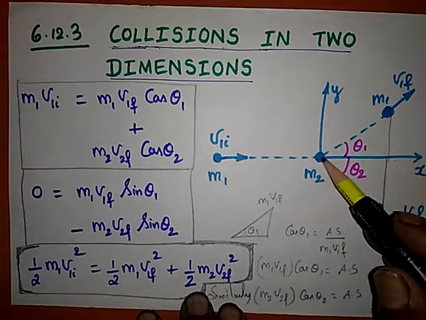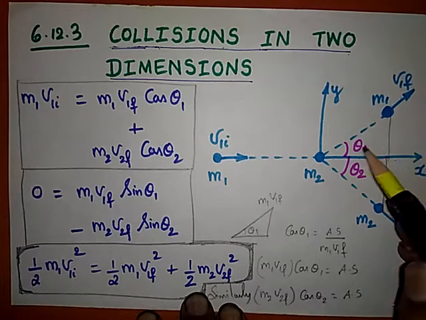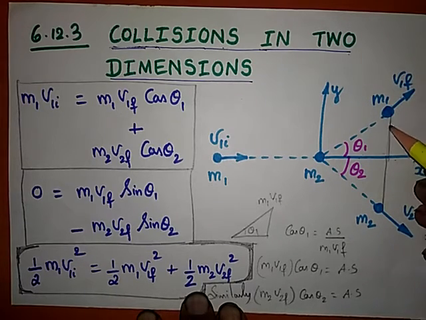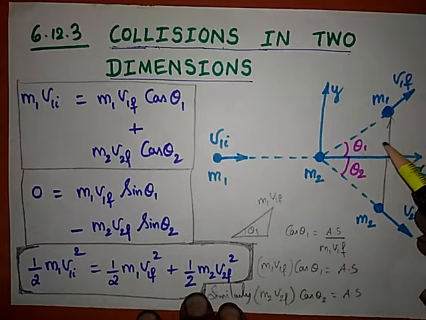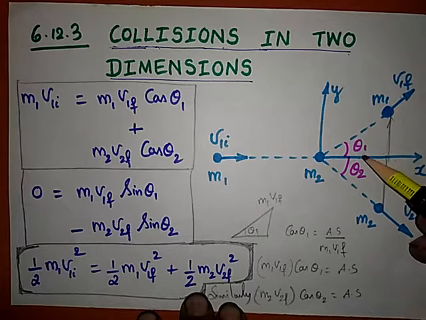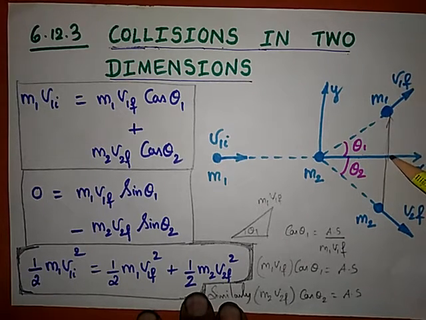If you apply sin theta 1 for this triangle, which is opposite side by hypotenuse, the opposite side is along the y direction, this way. The hypotenuse is m1 v1f. Therefore the vertical component is m1 v1f sin theta 1.